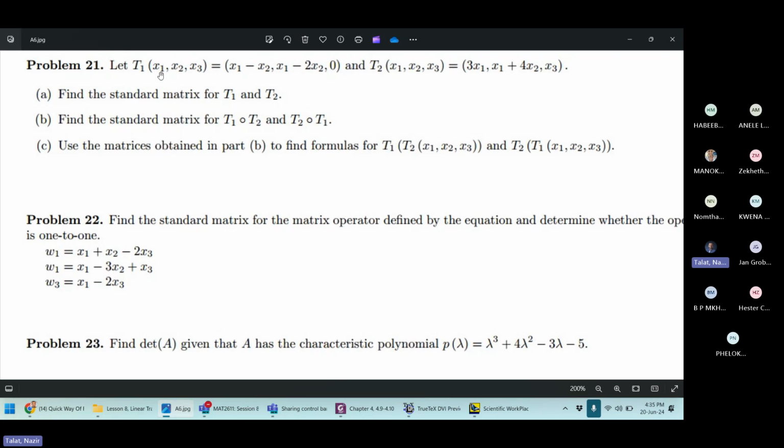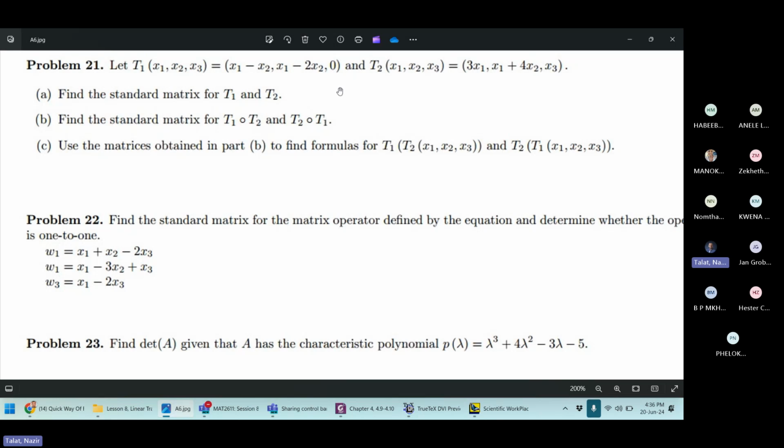When you put 0, 1, 0, then you will get the second row of the matrix. Similarly, 0, 0, 1 gives you the third row of the matrix. So when you combine it, you will get the standard matrix of T1. Similarly, if you put E1, E2, E3, then you will get the first row, second row, and third row of the standard matrix of T2.